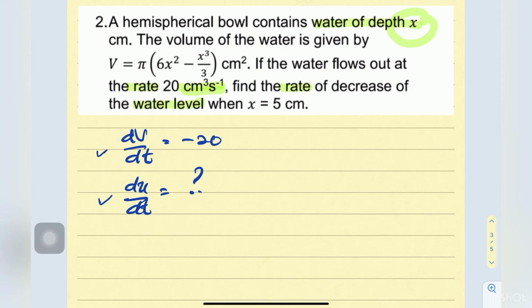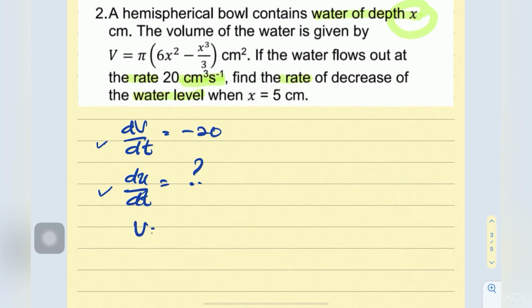So we have from this question given V. V equals to, we expand pi, 6 pi x squared minus pi x cubed over 3. So now we have V in terms of x.